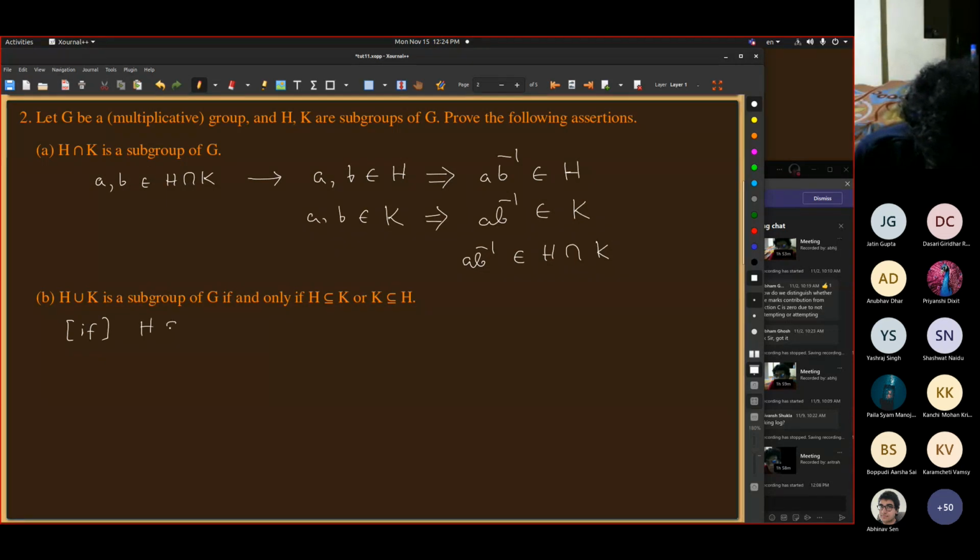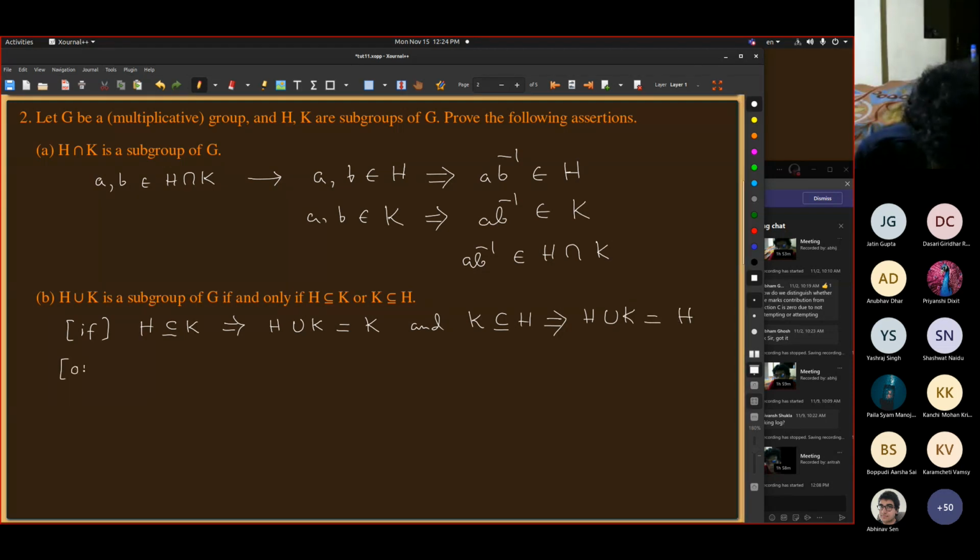H contained in K implies H union K is K, which is a subgroup. Likewise, K contained in H implies H union K is H, and H and K are given to be groups.